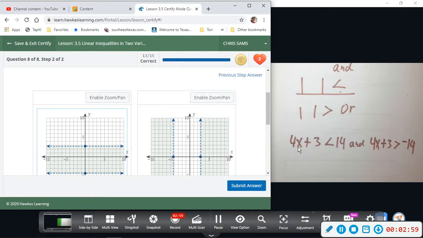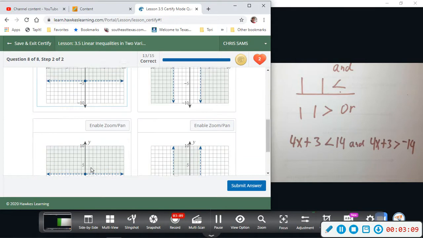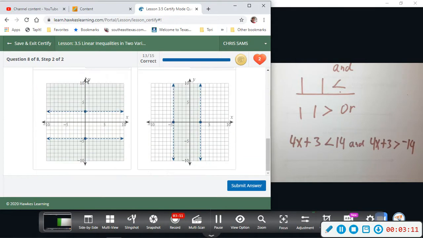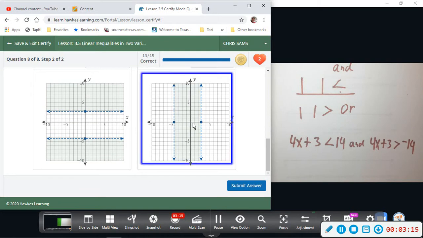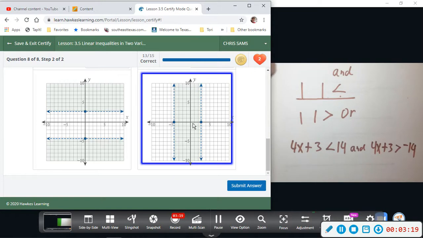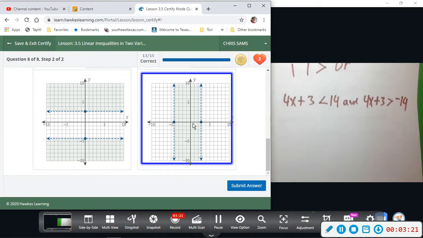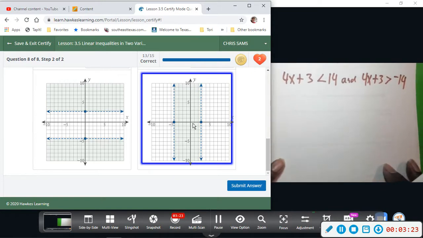Also, since this has only x in the equation, I know I'm going to have x equals, which is going to be vertical lines. So this is out, and this is out. The only one that I didn't throw out is this one, which you can get by process of elimination. But let me solve it and show you what's going on here, so you can verify.